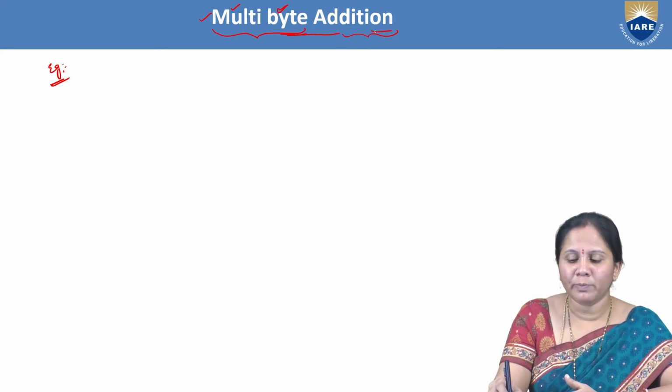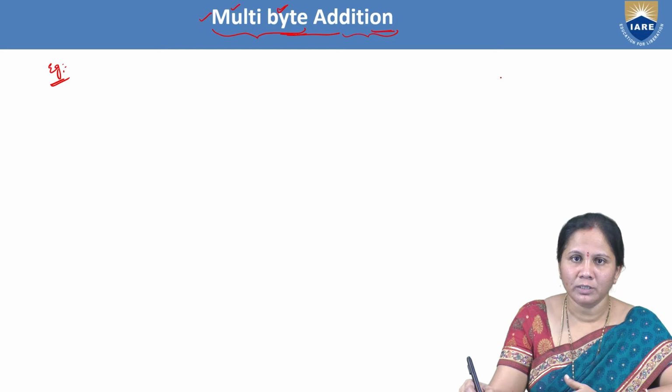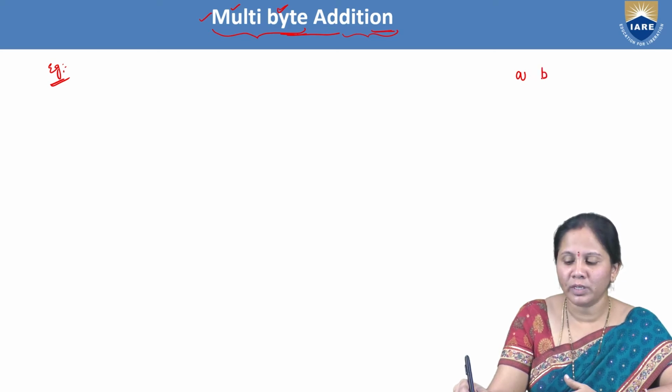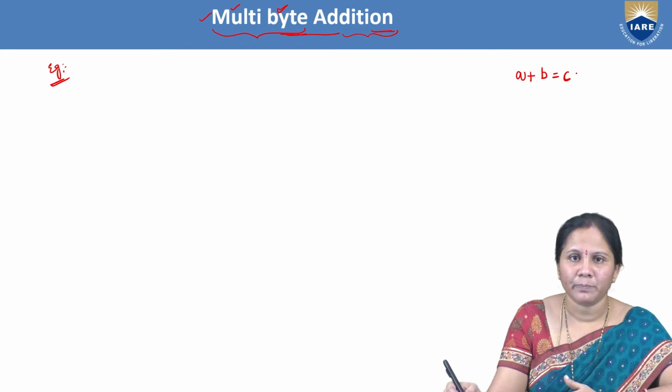In order to perform any addition operation, we should use inputs. Some input should be stored in A, some input should be stored in B. The inputs stored in the two variables should be added, and the result produced should be placed in another location. So this is for one input.